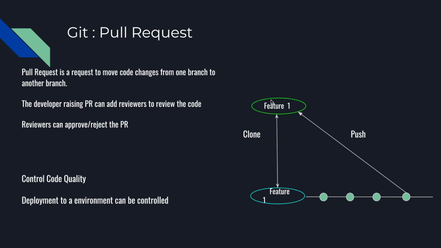A developer can raise a pull request and add one or more reviewers to review the changes before merging the code. At this point, the reviewers can look at the changes done, provide the feedback, and do additional commits to ensure the code is the way it was expected.